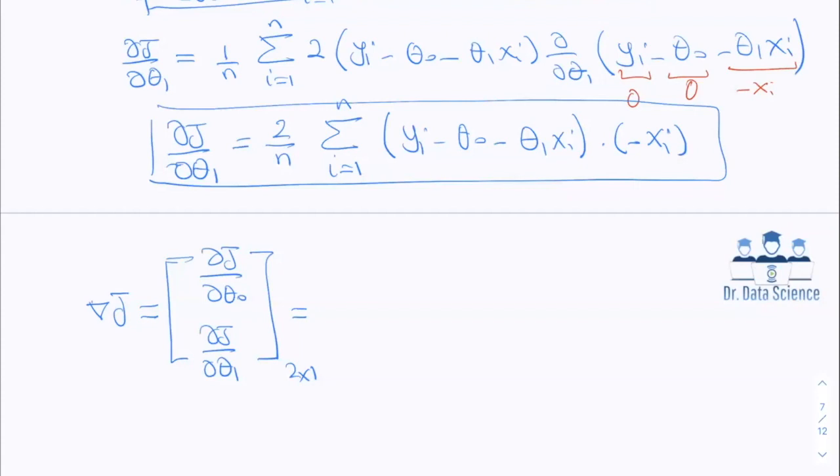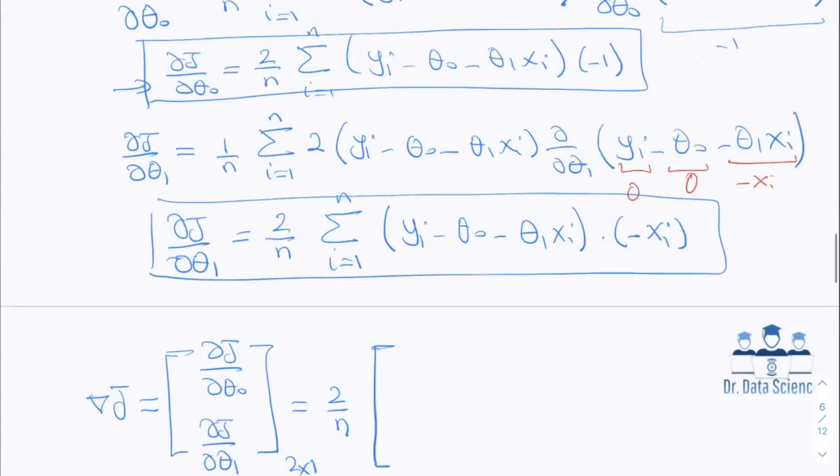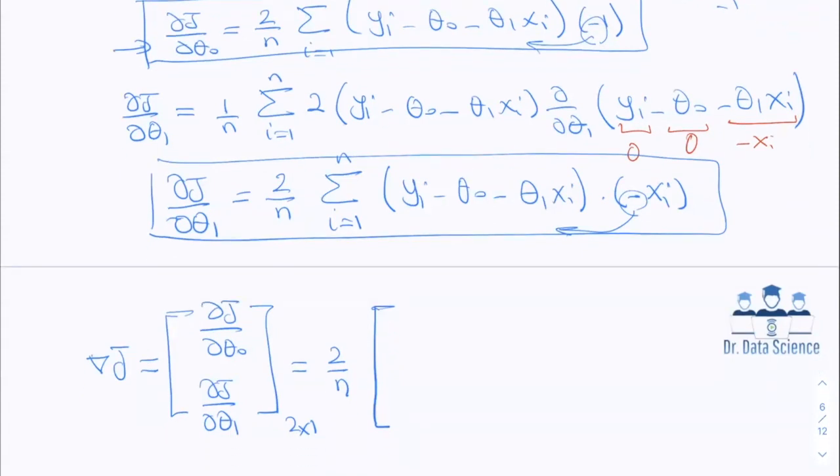And I can write it here as 2 over n. And what we can do here, I can also put this negative 1 inside here in these two cases. And this gives us summation from 1 to n of theta 0 plus theta 1 xi minus yi. So remember, we are multiplying that negative 1 inside that parenthesis.